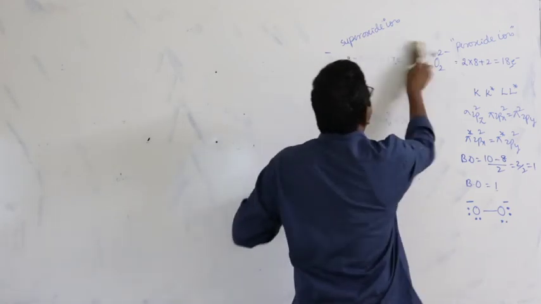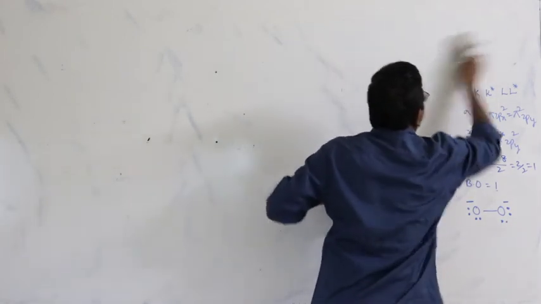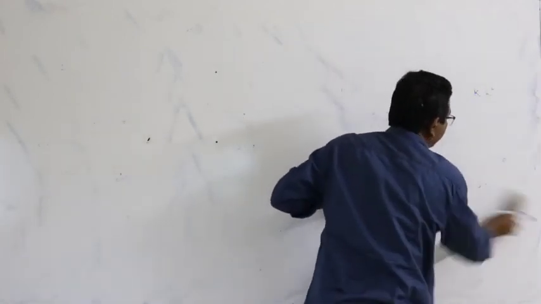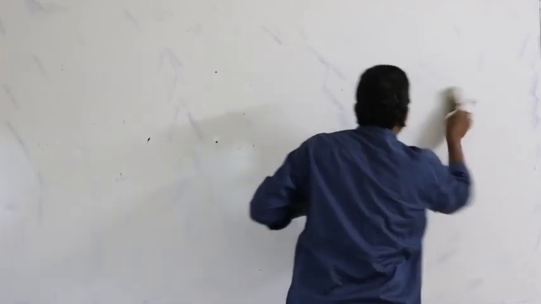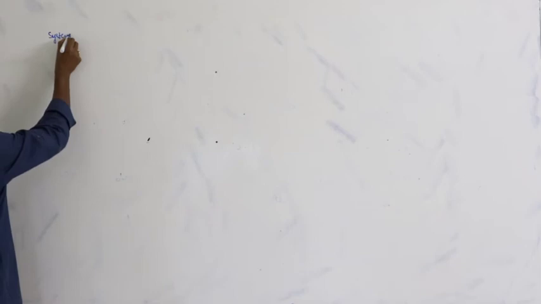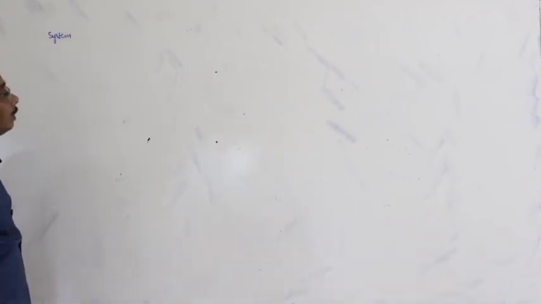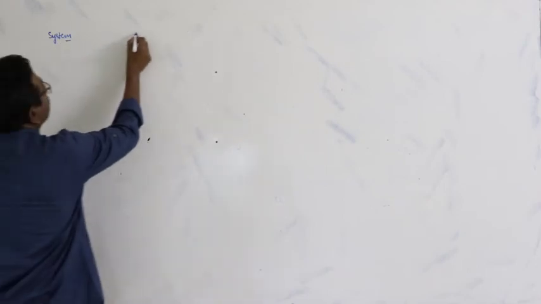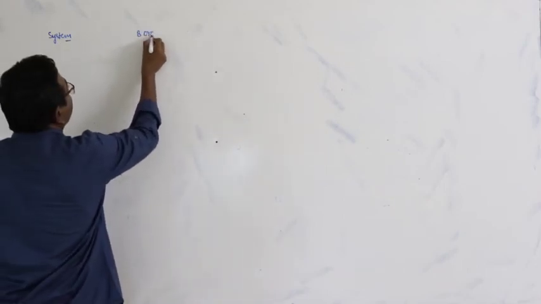In order to identify the bond order and all other details, we have to make it as a table. What are they? First one, system. And the second one, bond order.